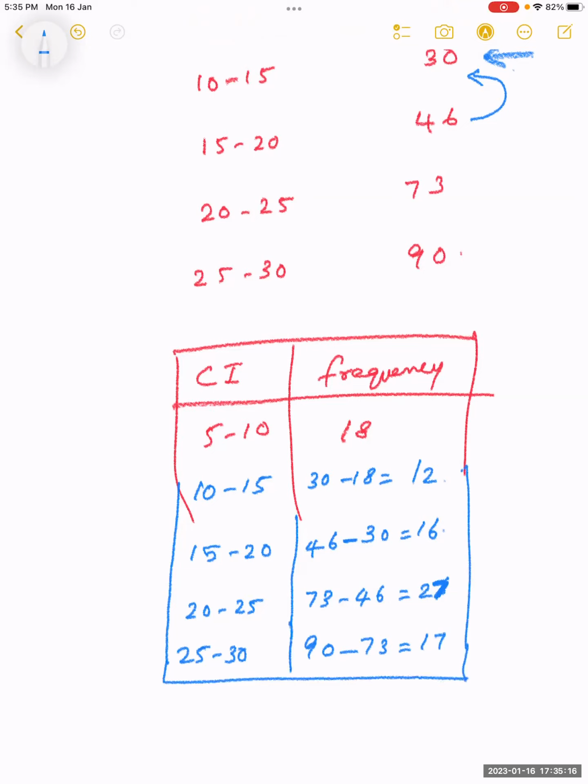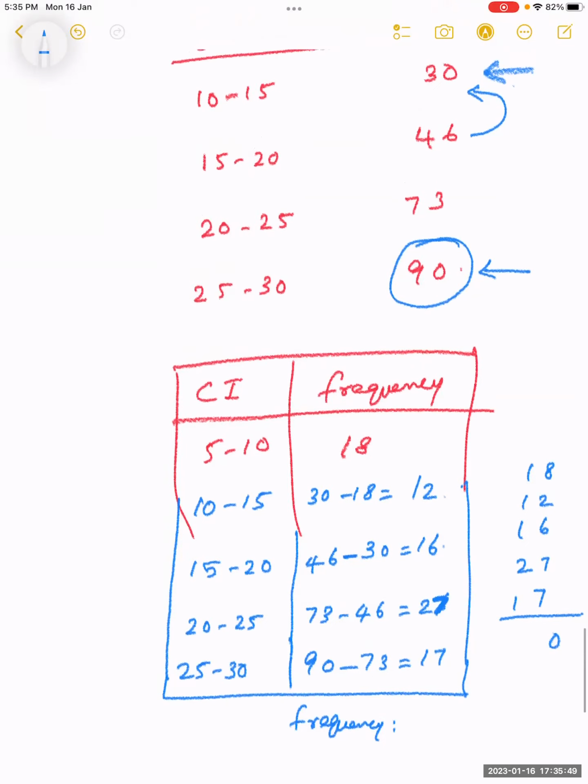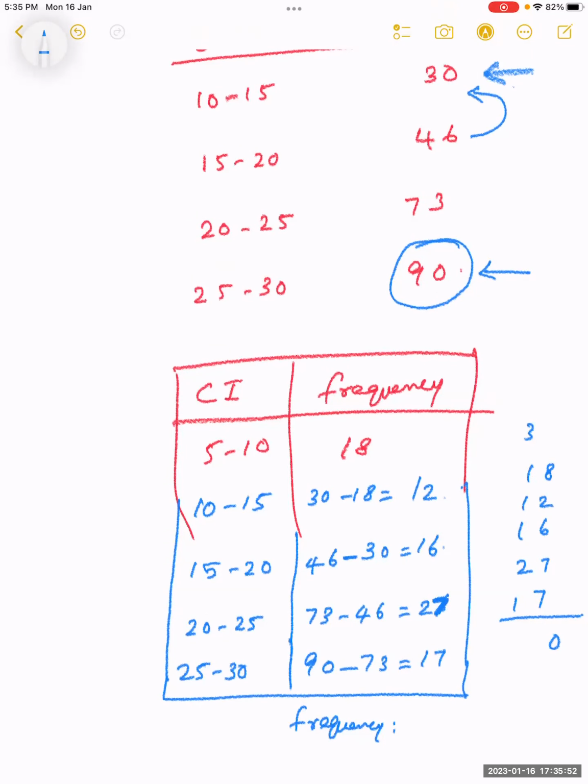And what is the frequency? You can calculate the frequency. How do you calculate the frequency? Just add up 18, 12, 16, 27, and 17. When you add, how much should you get? You should get 90, because that is the highest cumulative frequency that you got. That will be the total frequency. So just add up and see whether you are getting that number. Yes, I'm getting that answer.